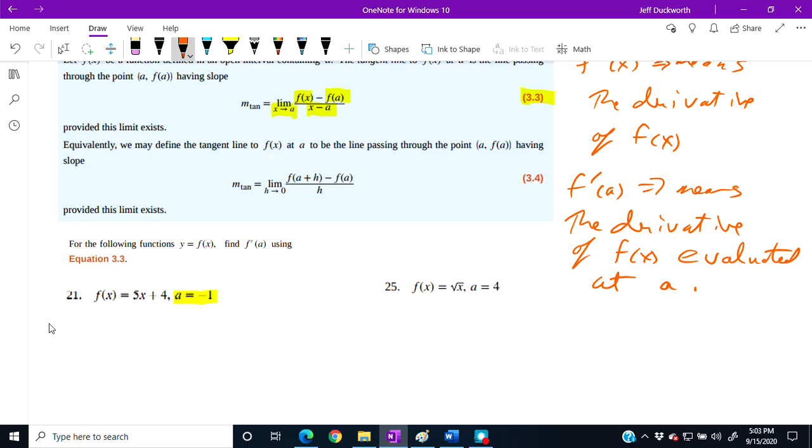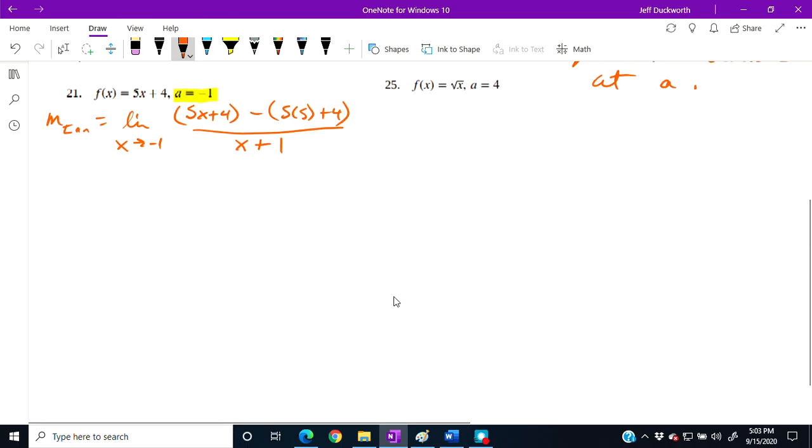So the slope of the tangent is equal to the limit as x approaches -1 of our function of x, so 5x plus 4, that's our function of x, minus f of a. Well, f of a is going to be equal to 5 times 5 plus 4. And we want x minus a, so x minus -1 is x plus 1.